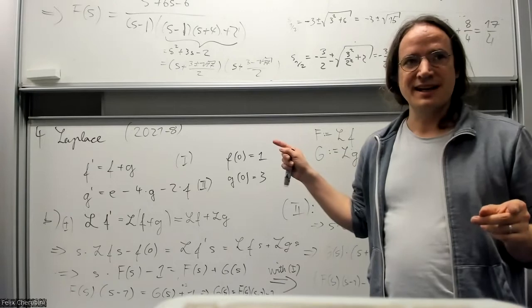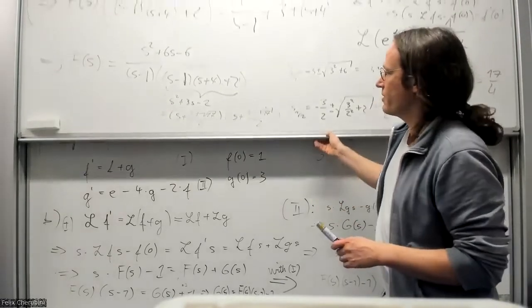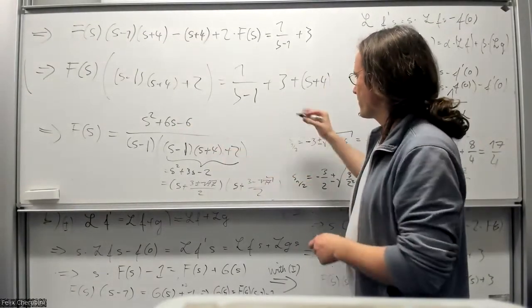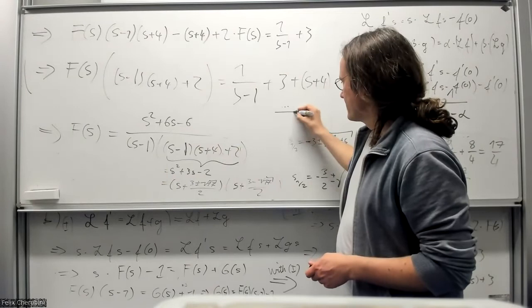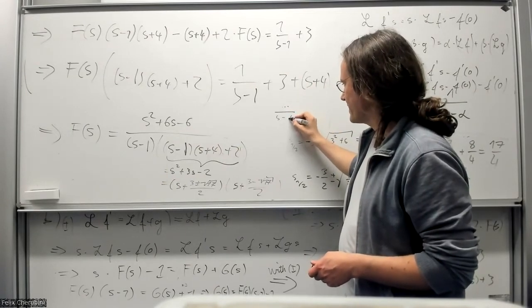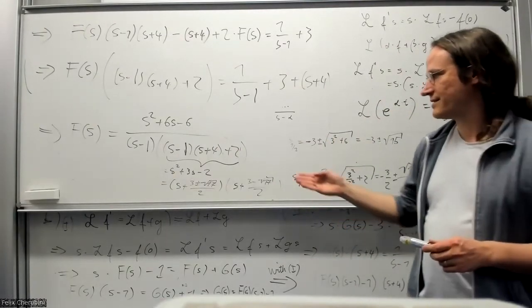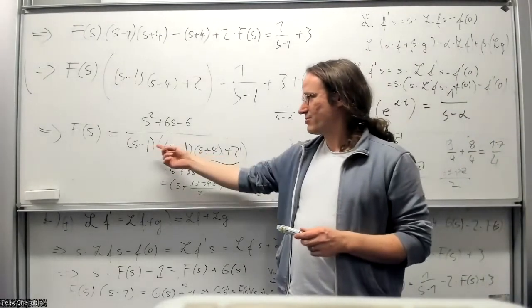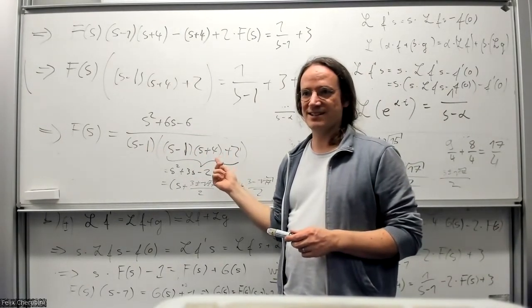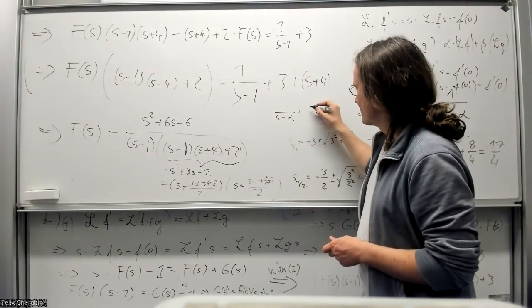Good question. The goal is usually to come to a form where you have only summands, which are all of the form something like a number divided by s minus alpha. We can usually do this if we have a rational function like this. So we can split it up in things like this.